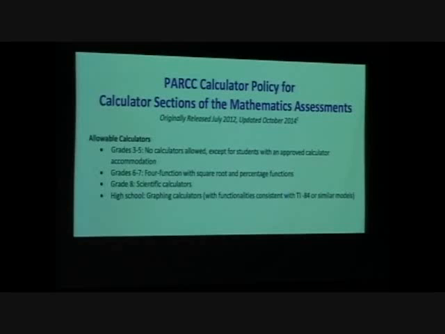Grade 8 will have a scientific calculator, and any student taking a high school assessment, Algebra 1, Algebra 2, or Geometry, and that includes middle school students that are enrolled in those classes, will be permitted to use a calculator with the functionality of the TI-84 graphing calculator. These calculators can be handheld, but there will also be a simulator or an emulator built into the test for the appropriate questions for which they apply.